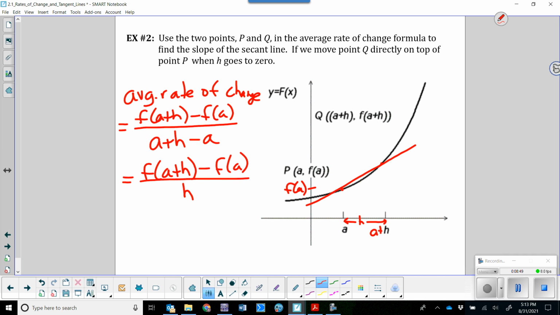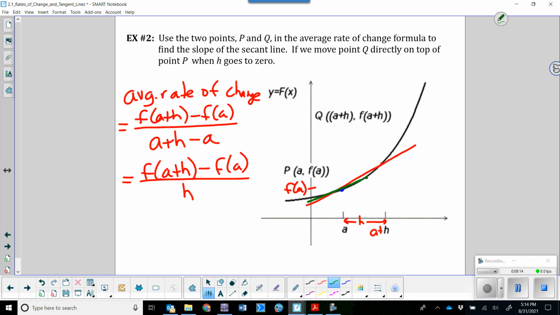Well, what I'm going to imagine is, what if the 2 points were closer together? So this is an average rate of change, but maybe I'm trying to find the instantaneous rate of change right there at a. So I actually want the slope of this tangent line that's at a. Well, that's kind of close to the tangent line, but what if I made h smaller and moved to a closer point?